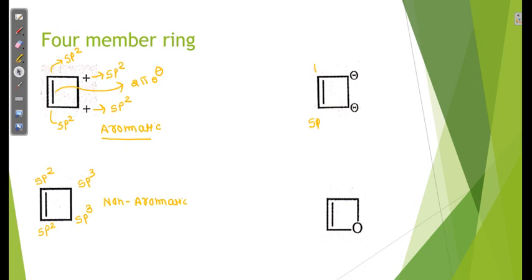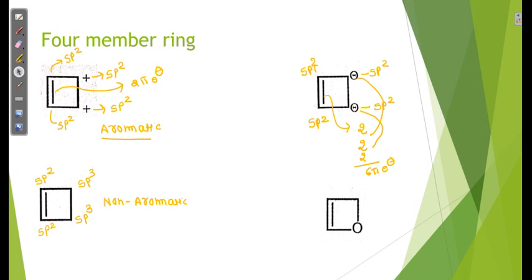Let us come here. This is sp2. This is also sp2, this is also sp2, this is also sp2. Dear student, if you don't know hybridizations, you will not get anything in organic chemistry. From here we are getting 2 pi electrons, from here 2 pi electrons, from here 2 pi electrons, total 6 pi electrons.